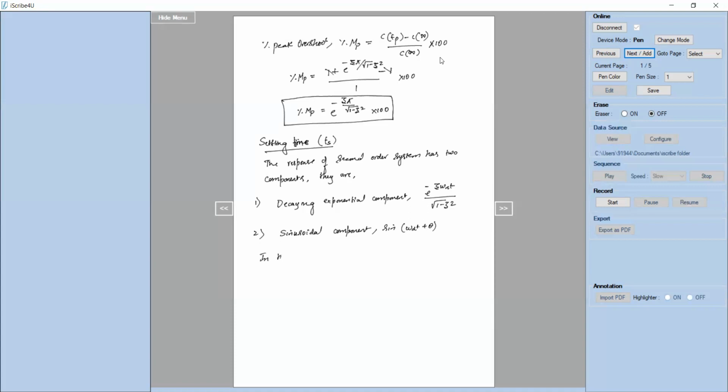So let us write this point. The decaying exponential term reduces the oscillations produced by the sinusoidal components.